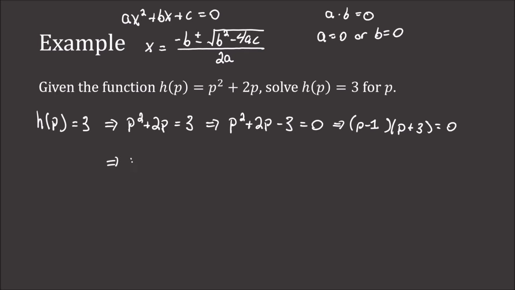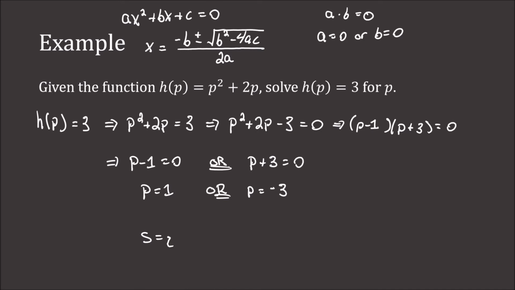So this means that p minus 1 is equal to 0, or p plus 3 is equal to 0, which means that p is 1 or p is negative 3. So our solution for p is the set negative 3, 1.